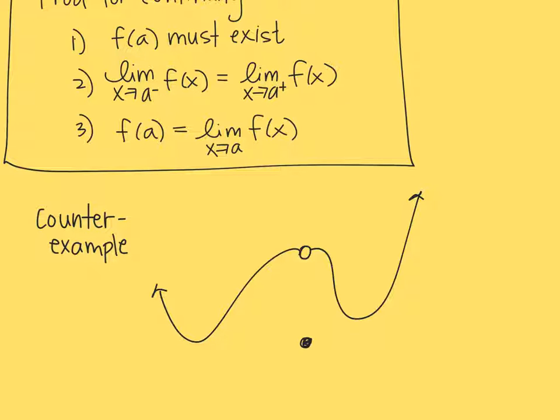I see the point, here it is, F of A. I also see that the limits on both the left and right hand sides, okay, there's the limit, they both equal, and so the limit as x approaches A of f of x exists. The problem is those two things don't exist with each other and aren't equal to each other, so that would be an example of a discontinuity. You've got to be able to prove all three things are all the same.